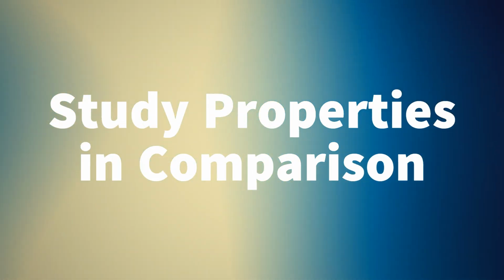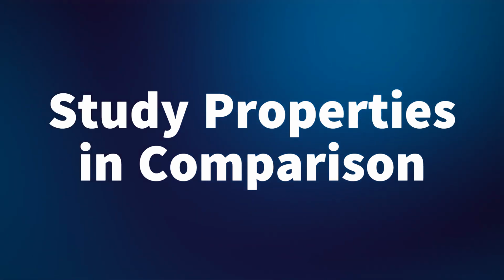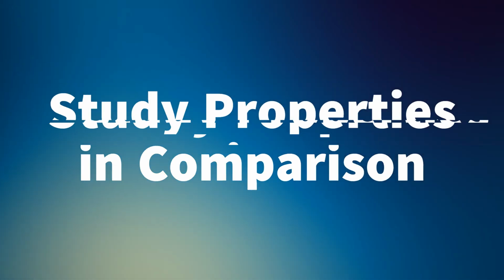Study properties, study trends in comparison to other properties and trends. Study them in comparison. This is the strongest method by which the entirety of inorganic chemistry can be aced just like that. Let us put it into practice.